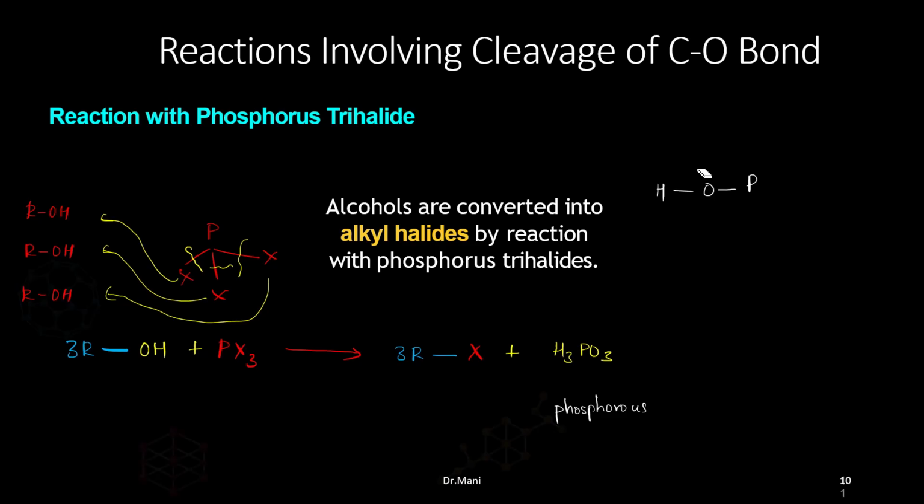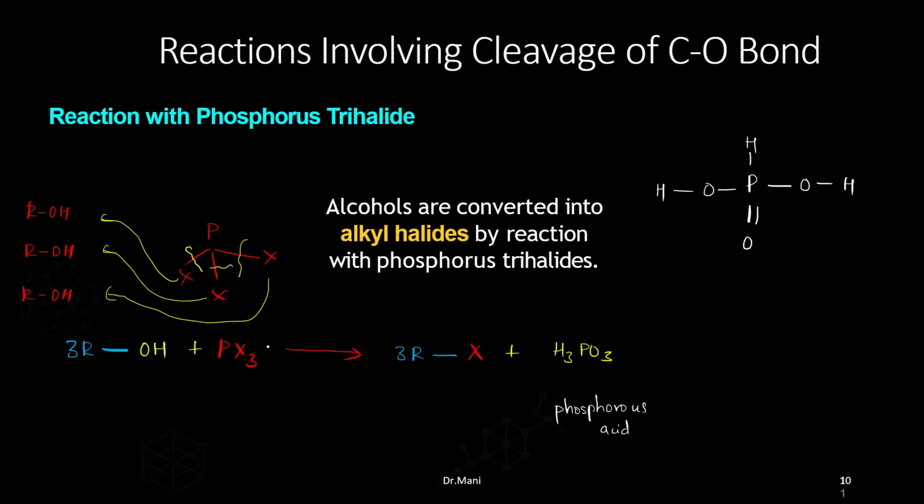This is OH. The same way there will be another OH, and there will be only one single O, and there is a hydrogen. Actually, sorry, this is a double bond now because oxygen needs to make two bonds. So double bond O. So this is the phosphorus acid. Clear?